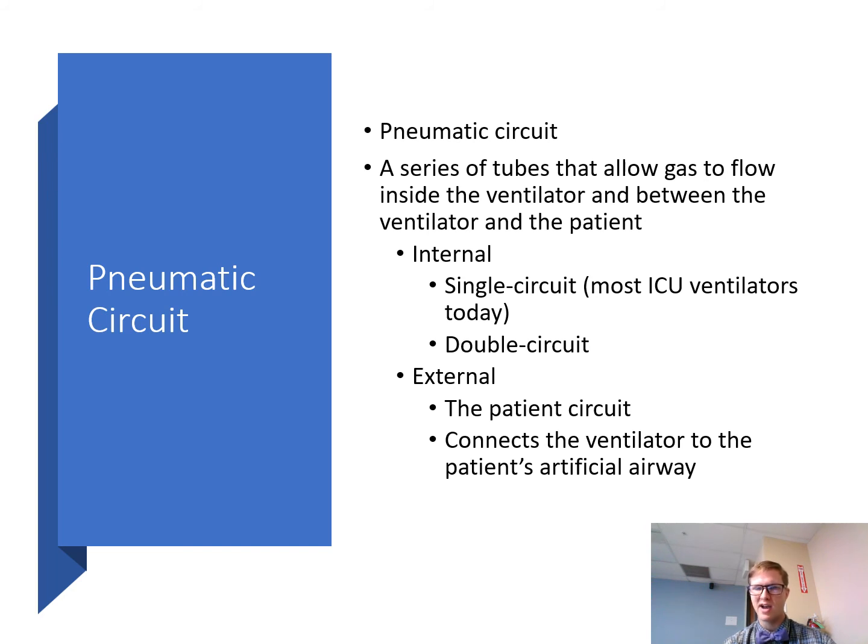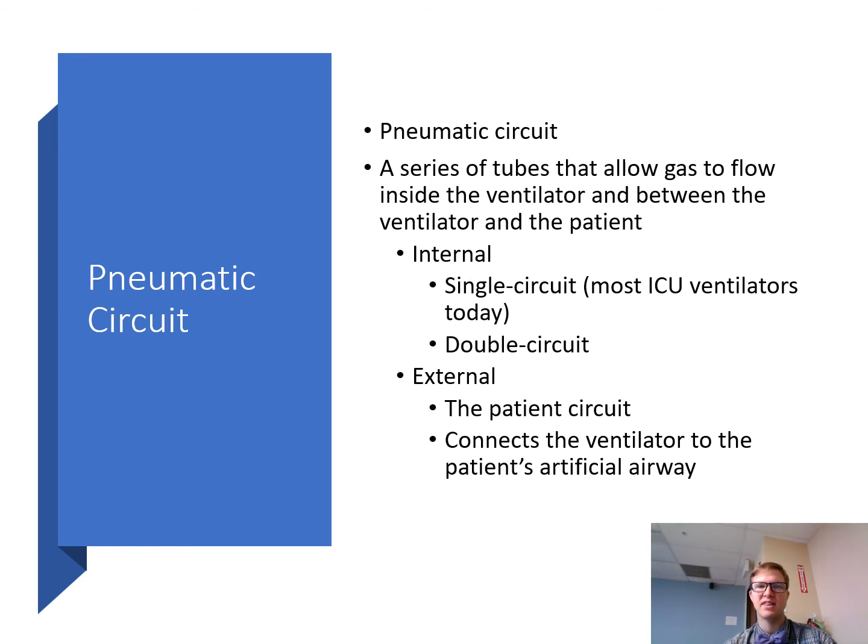There is another kind out there, an internal pneumatic circuit ventilator that is called a double circuit ventilator. In these machines, the primary source generates the gas flow that compresses a mechanism, such as bellows or a bag. The gas in the bellows or bag then flows to the patient. So that is something that's out there.